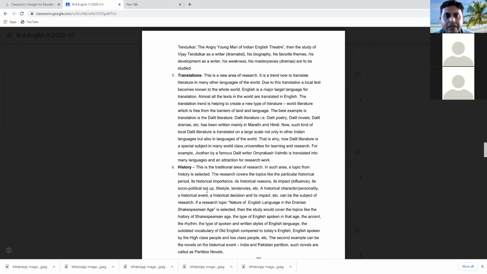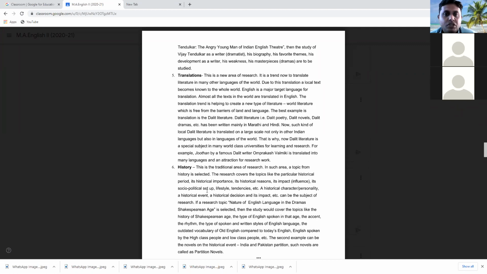Or some other person, my colleague or my friend, would translate that text into some other language with my permission. So due to this translation, a local text becomes known to the whole world, right?